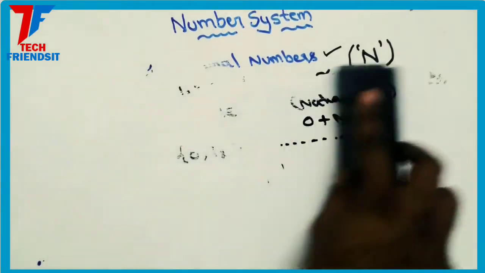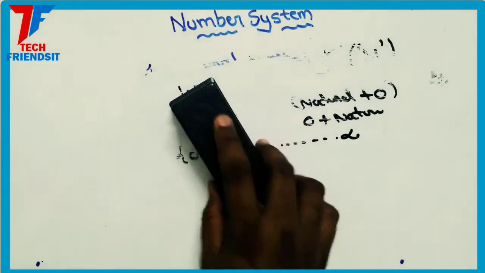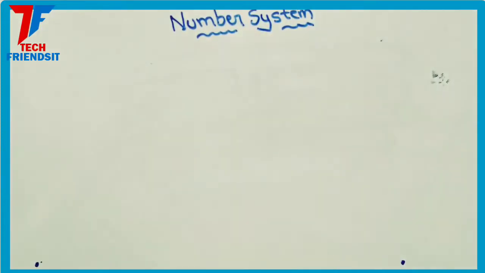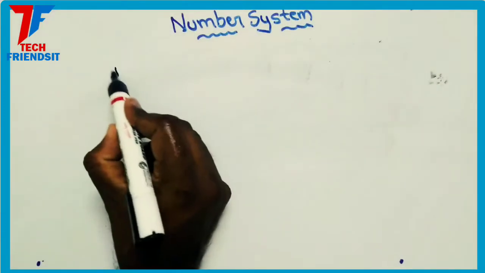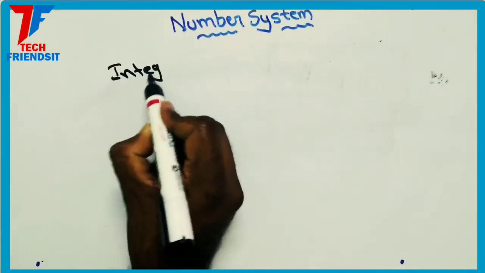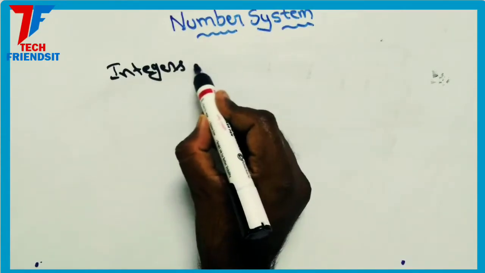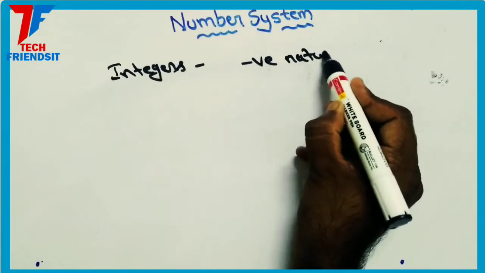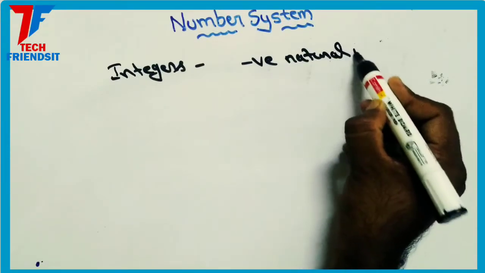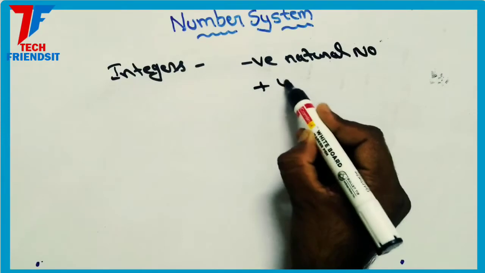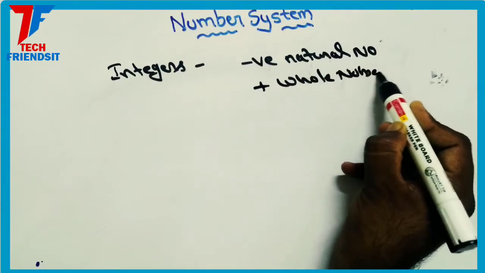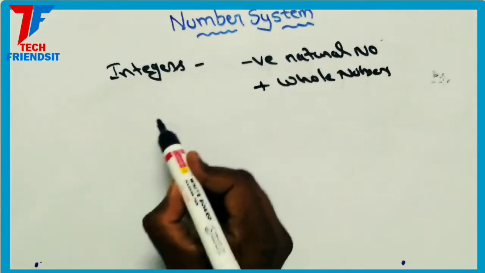Next we will see what are integers. Negative natural numbers plus whole numbers are called integers.